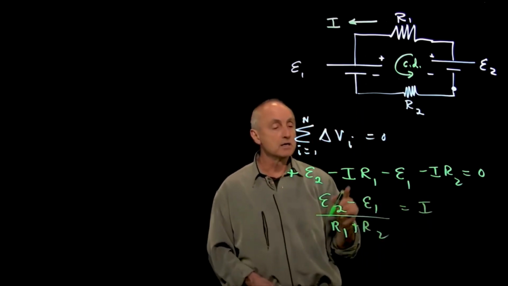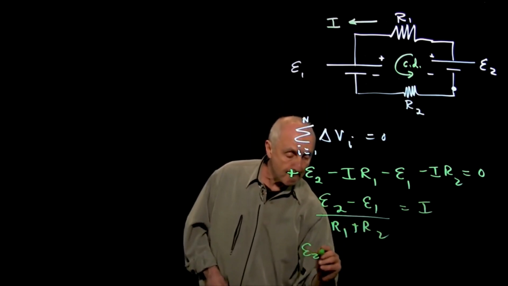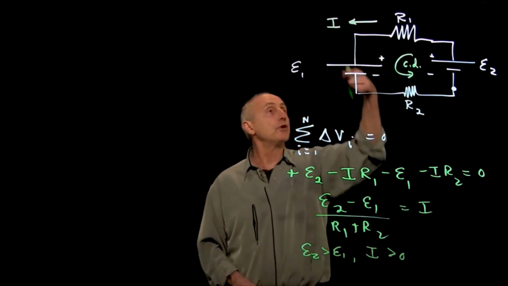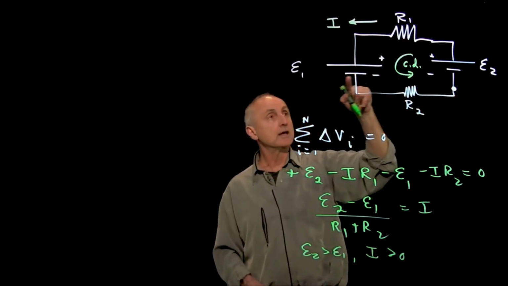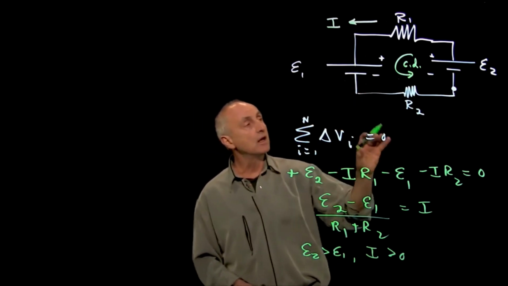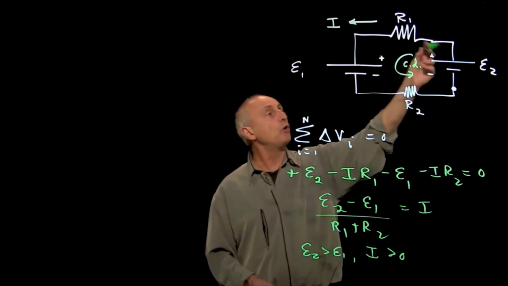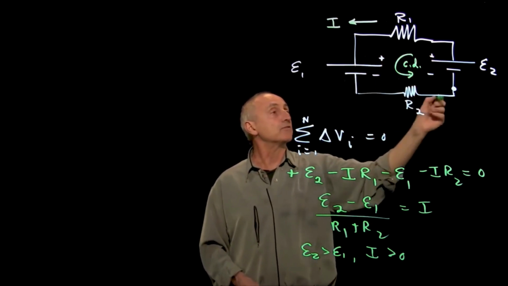And now suppose that E2 were bigger than E1, then I is positive and the current really flows in this direction. That tells us that this battery is discharging and this battery is charging. Now, sometimes when we're looking at this circuit, you might think that there's multiple branches in here between the positive terminal and the negative terminal.